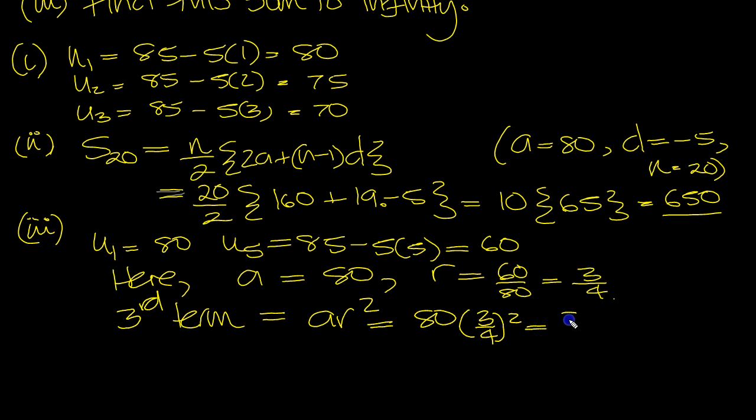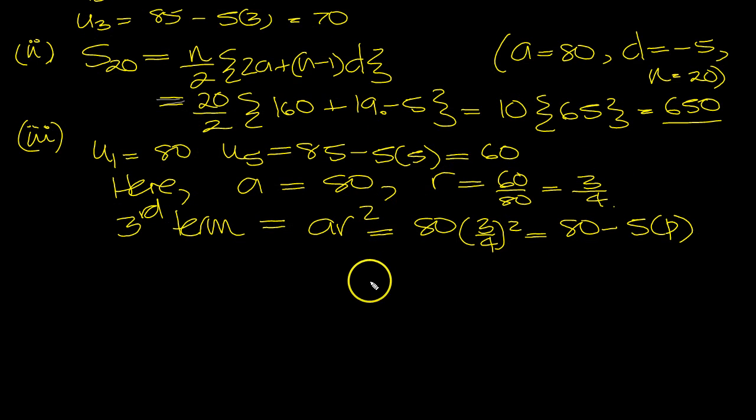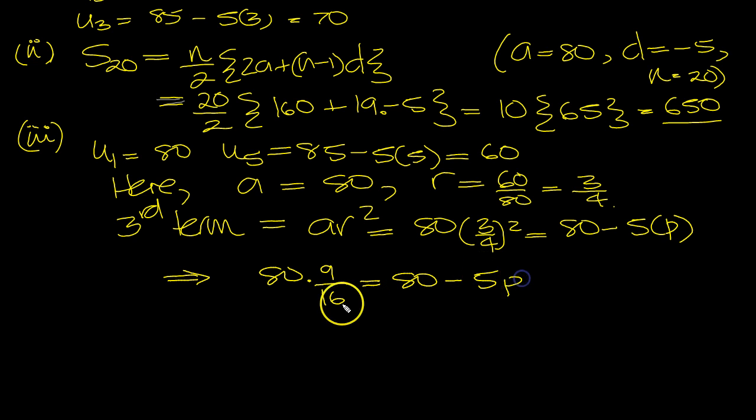And that needs to equal 80 minus 5p, because we're doing p as up. Okay, that's what we've got then. So what have we got? We've got 80 times 9 over 16 is equal to 80 minus 5p.